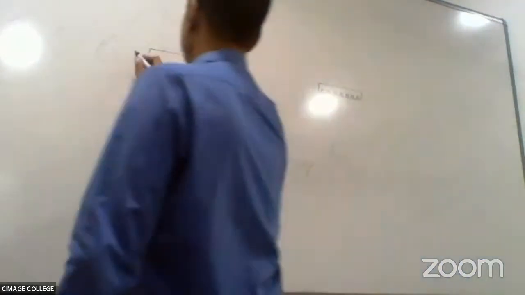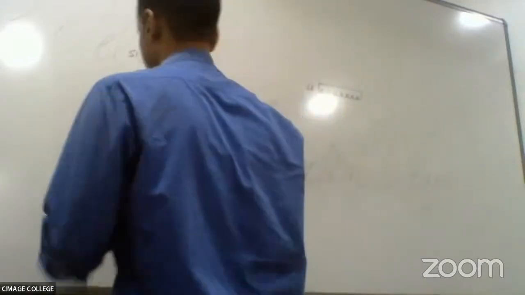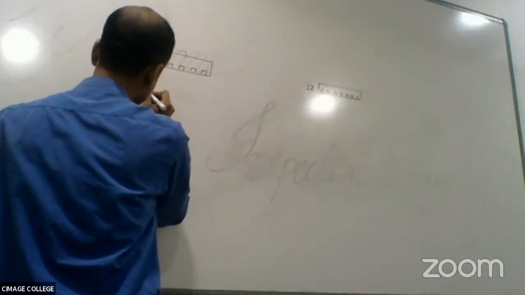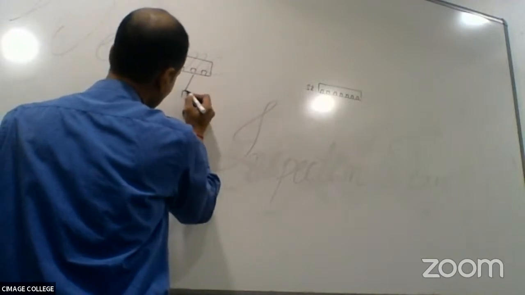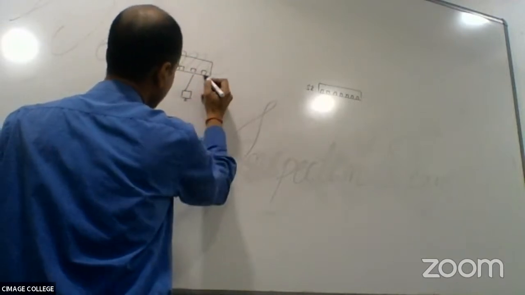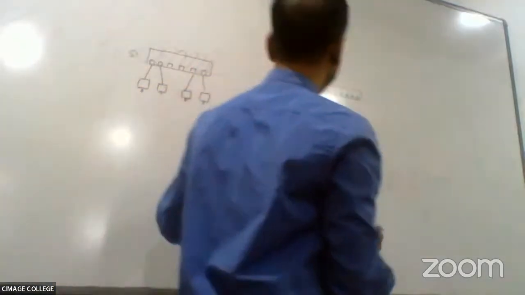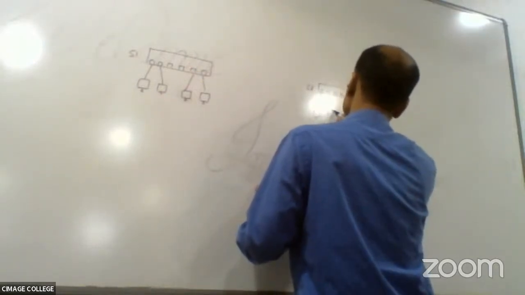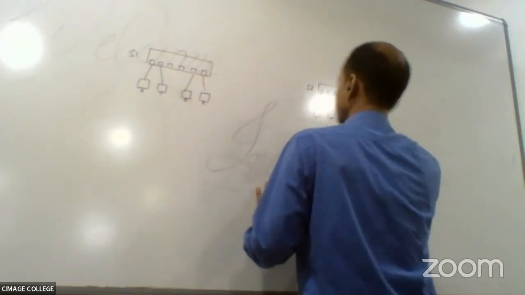This one is switch 1 and this one is switch 2. Now we have to connect 4 nodes with each switch. First node, second node, third node. We can connect any node at any port. Fine. So there are 4 nodes, same, first, second, third, and fourth. Fine.